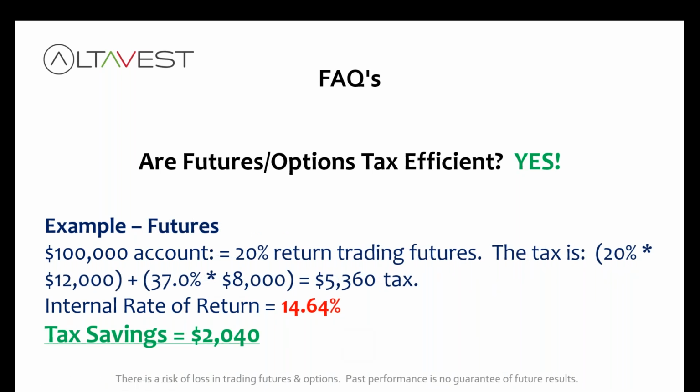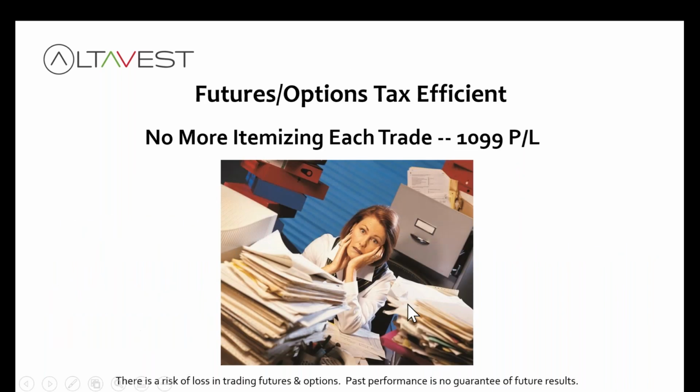If you're trading options with us, that's a 14.64% return, simply because you're trading futures options. There's a big, big difference, folks. Tax efficiency. And there's no more itemizing. You just get your P&L, one number, and that's all you would need with your 1099 to do your taxes.